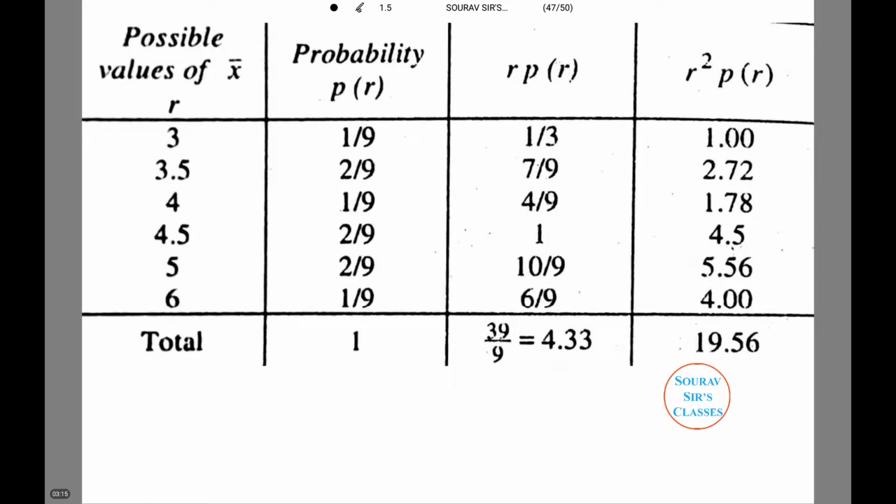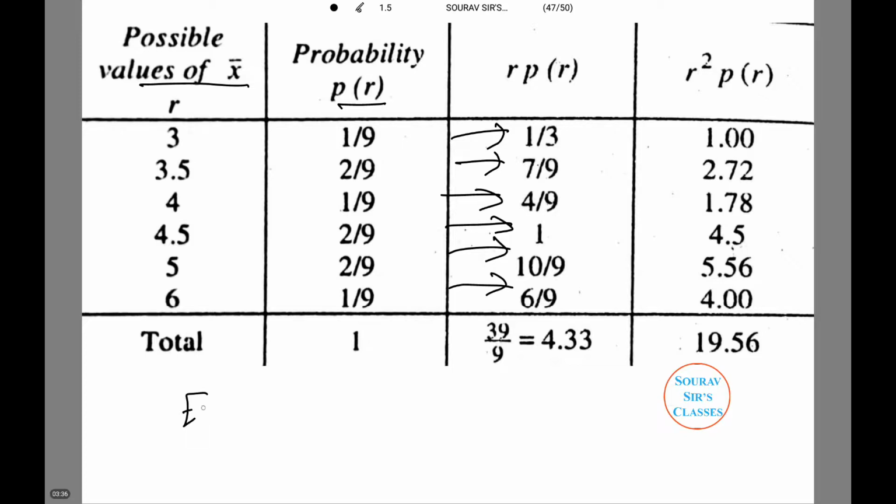Now we have all the tables in one go. We have all the possible values of x bar and their probabilities from our previous table. Now the possible values into their respective probabilities are taken in the third column, and upon addition it comes to 4.33.